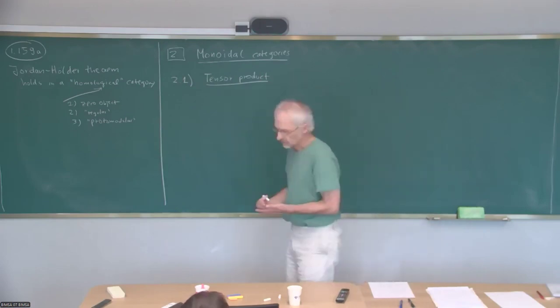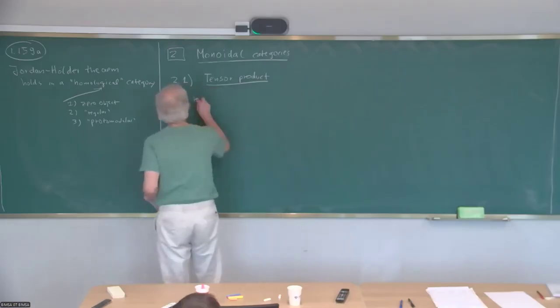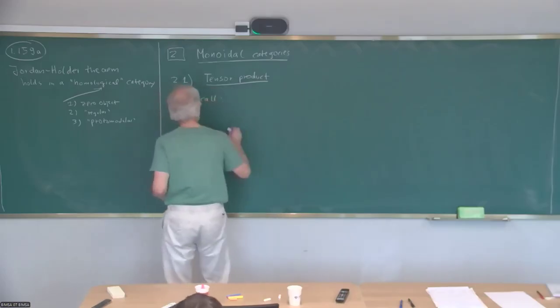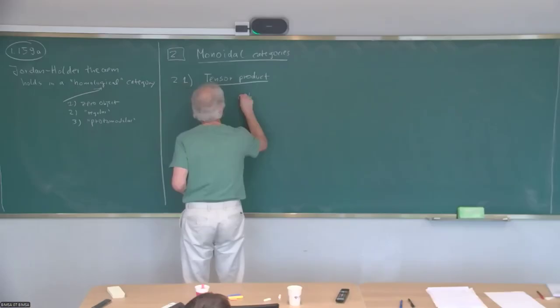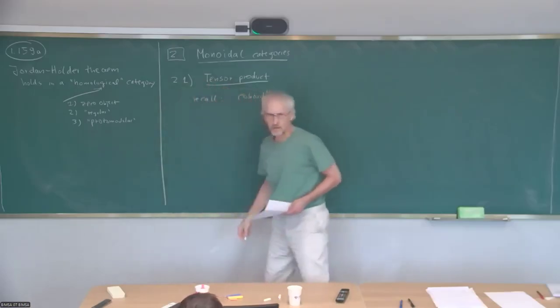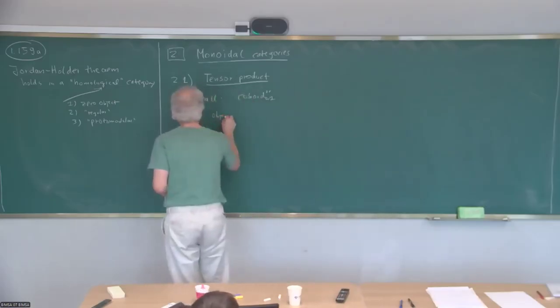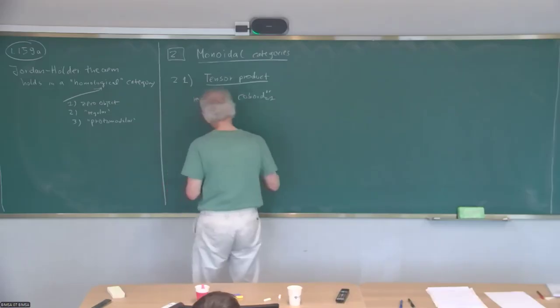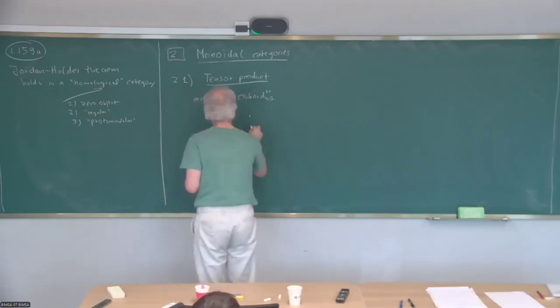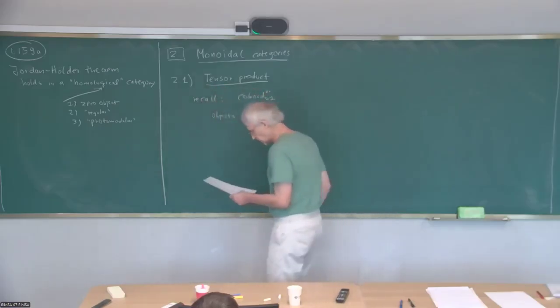Recall my motivating example. This was what we later on called oriented cobordisms in one dimension. And we had objects which are disjoint unions of oriented points.